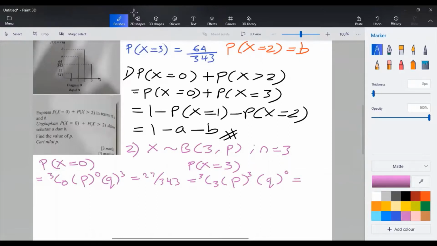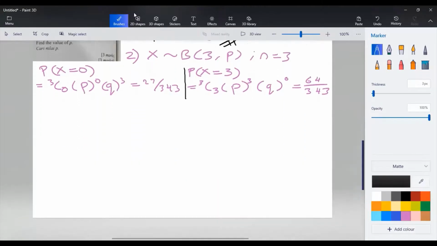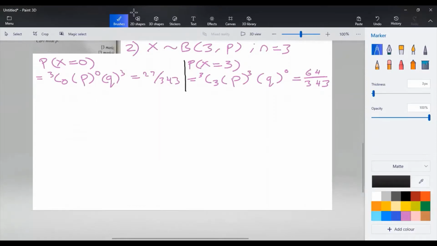And this whole thing equals 64 over 343. Can you see a simultaneous equation kind of forming? Yeah. Okay, so it's kind of like a simultaneous equation going on.